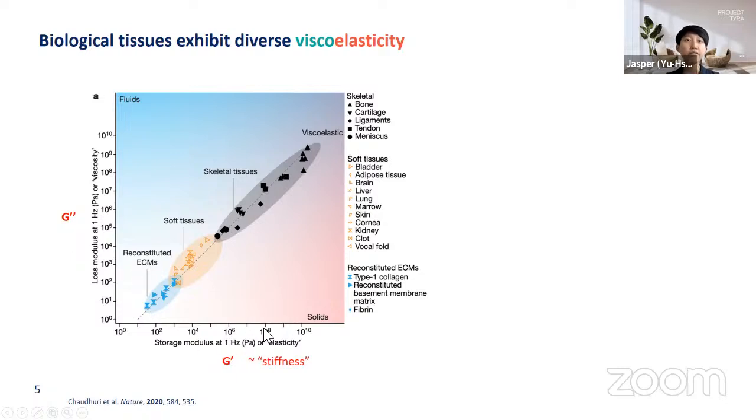You can think of honey, like a very viscous fluid solution that has the G double prime dominate over your G prime. And on the other extreme, you can think of a gummy bear as a purely elastic solid. And actually, our biological tissue lies between these two extremes. It shares the characteristics of both types of material.